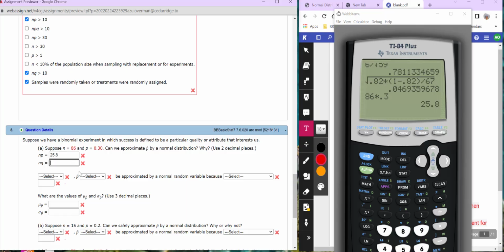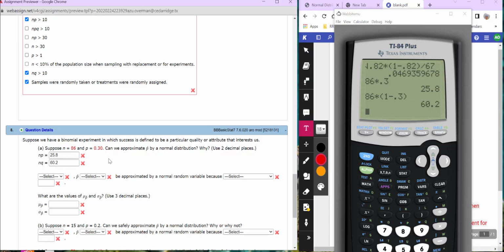All right. Let's do 86 times 0.7, or I can just say 1 minus 0.3 if I'm not sure what it is. Make sure you put parentheses around that. And I get 60.2. By the way, both of those values should always add up to n.